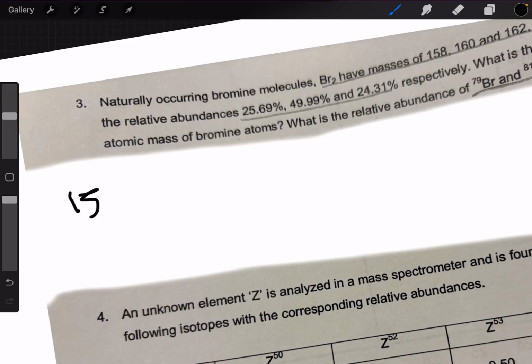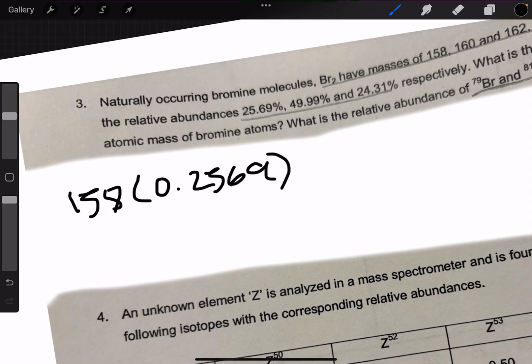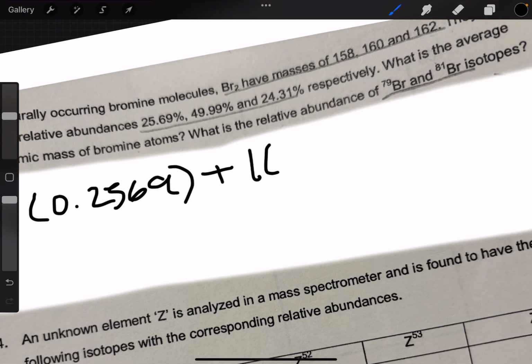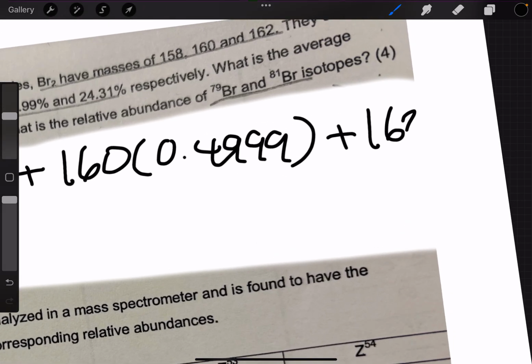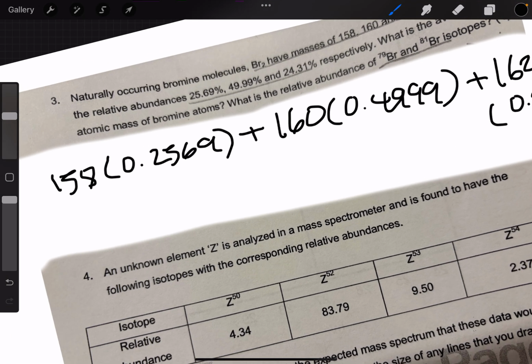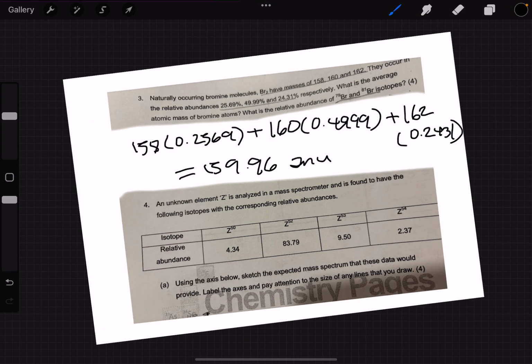So 158, and then you're going to add them all together. And this all equals 159.96 AMU. So that's your answer.